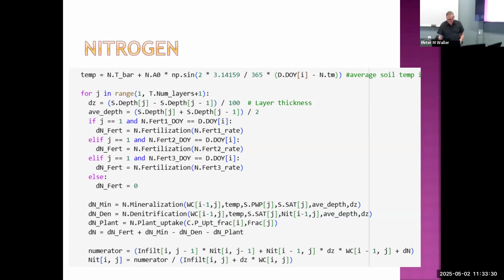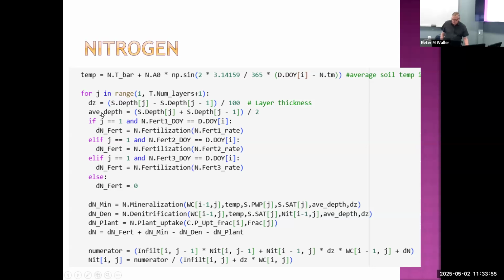Just because we have our layers in meters, and so we multiply that times the milligrams per liter in each layer, and that gives us our amount.